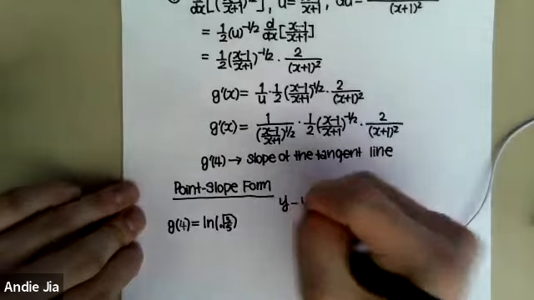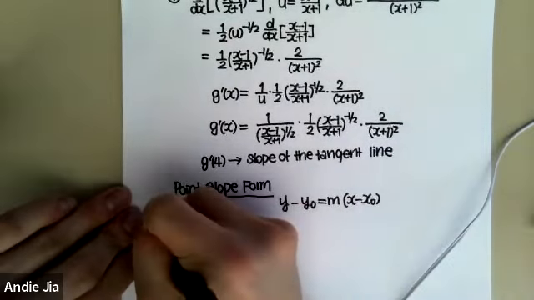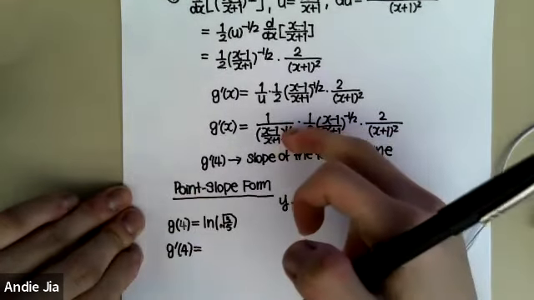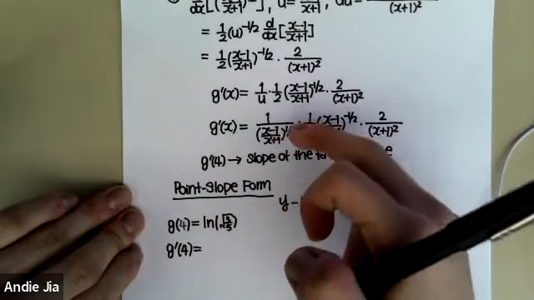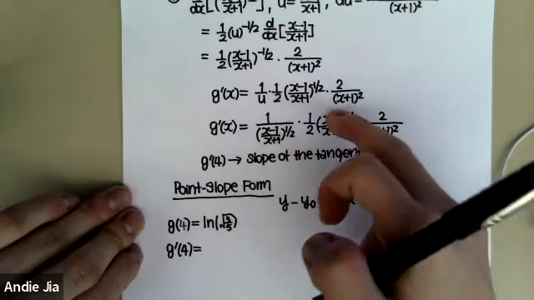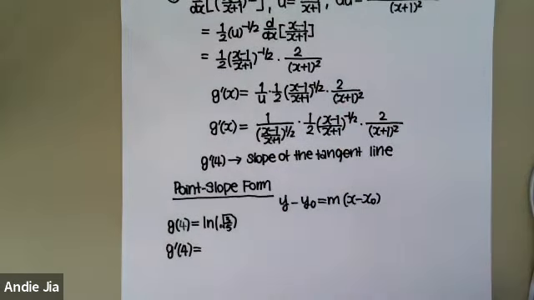And then for g prime of 4, it's going to be 1 over square root of 3 over 5, and then times this. I'm going to use my calculator.